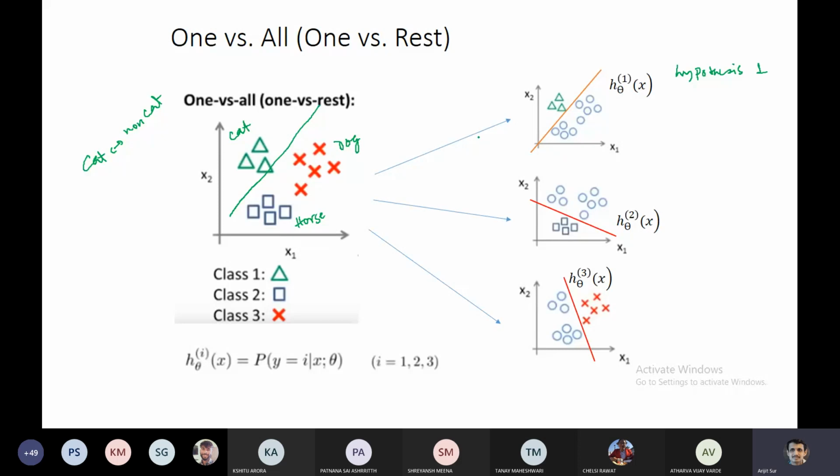Then the second classification will be horse versus no horse. We put a decision boundary something like that, and this is our hypothesis 2.